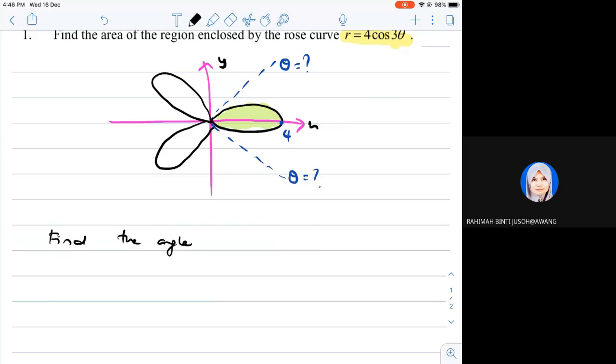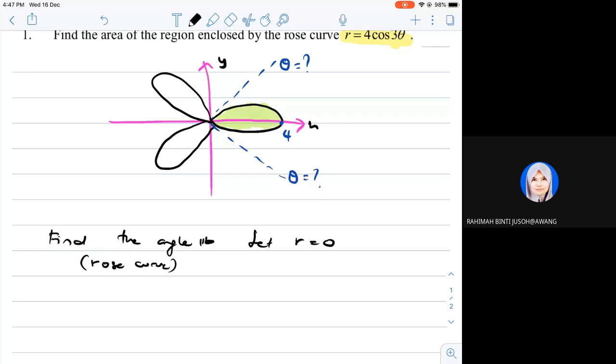In order to find the angle for a rose curve, this method is specific for roses only. How do we find the angle? By letting r equal 0.